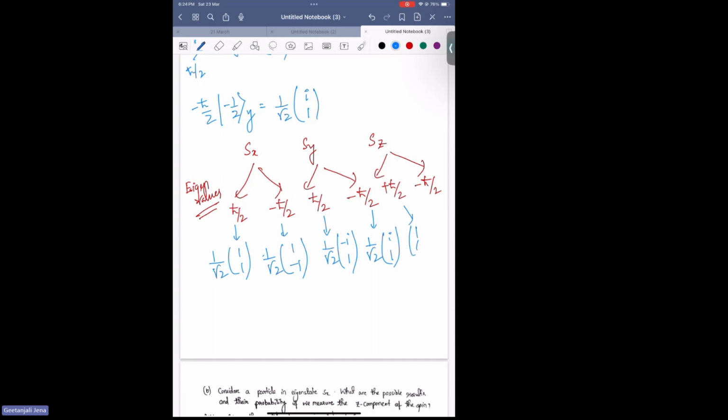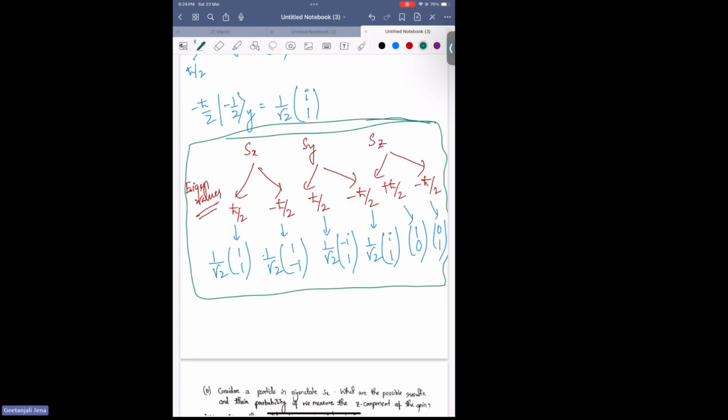And this one is simply (1, 0) and (0, 1). Please remember these eigenvalues and eigenvectors, because in the exam you don't have to calculate the eigenvalue and eigenvector of this matrix. You can directly use this and solve the problem. It will save your time.